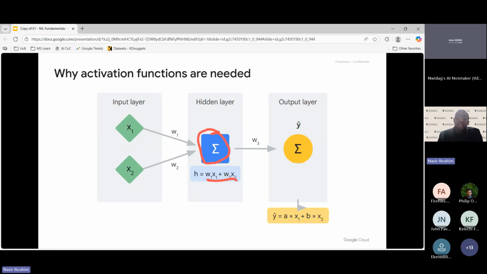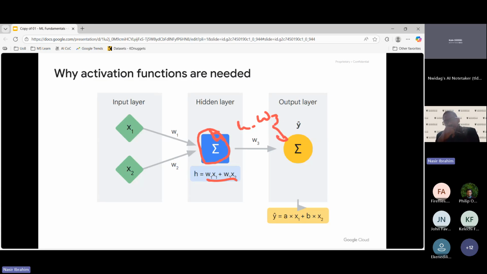And if we take that value, the value of h, the hidden neuron in the hidden layer, and again we do the computation, we multiply it by the weight, we are going to get an output layer.